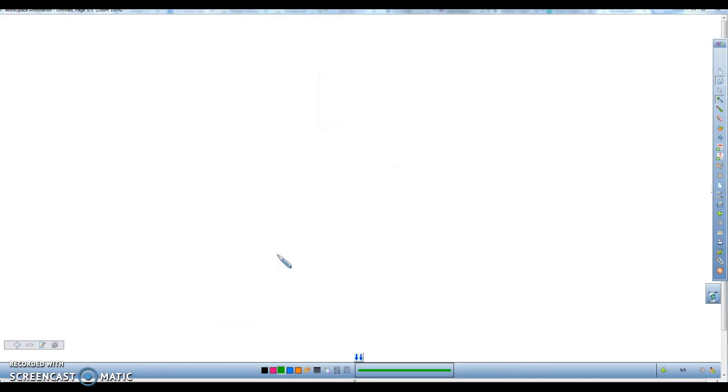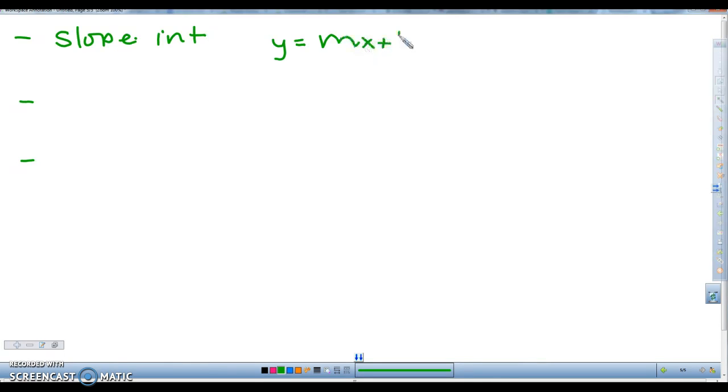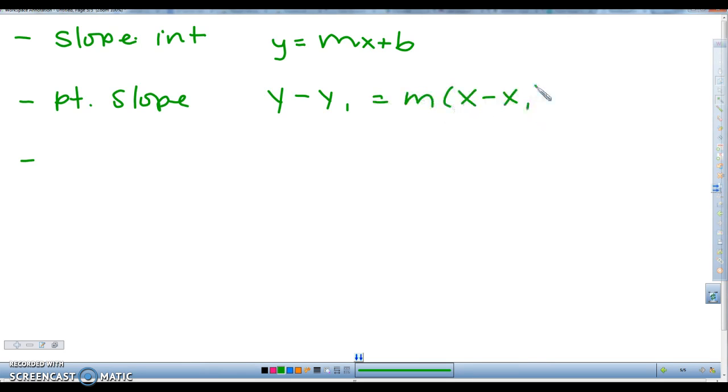Because I know what questions come up on quizzes and tests, this is one of the 3 forms we know. So we know slope-intercept form. That's the one we work with most commonly. And that's y equals mx plus b. This is point-slope form, which we said was y minus, well, you go ahead and give me the equation. Good, y minus y1 equals m times x minus x1.